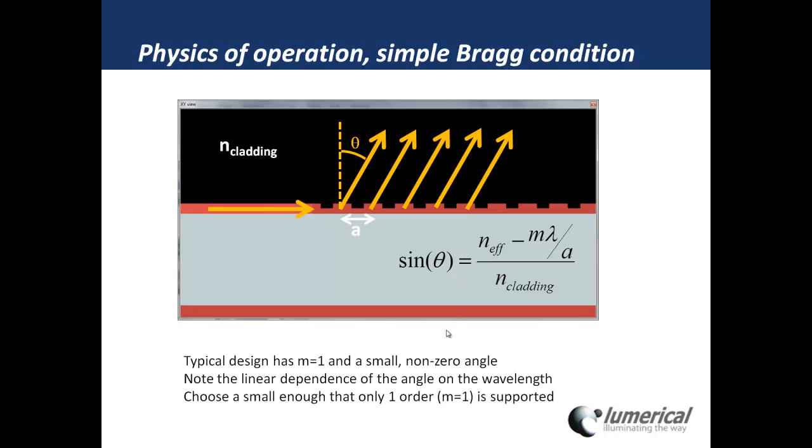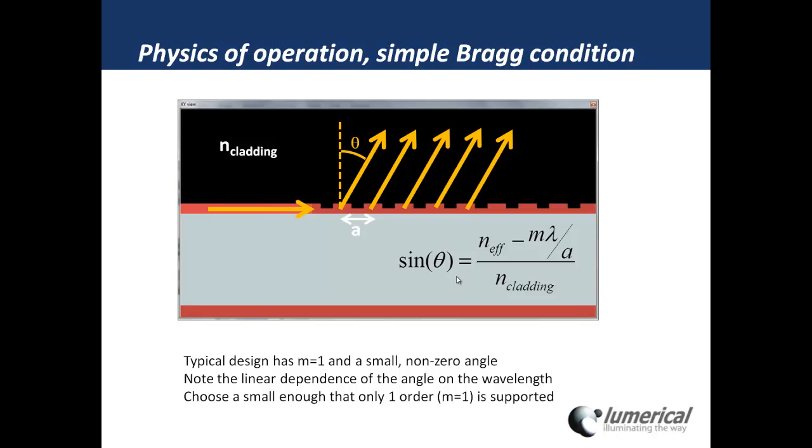So there are a few key points. First of all, we typically don't want to send out light at many different angles, and so we deliberately choose m to be 1 and have the pitch be small enough that we only support one diffracted order from this device. So we only get out light at one particular angle, and that means that the pitch is going to be sub-wavelength.